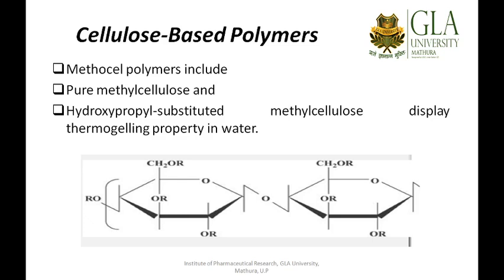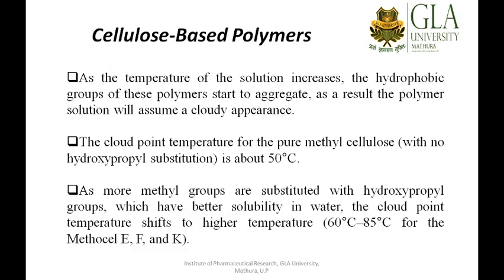This thermogelling can be used for thermosensitive or stimuli sensitive release of the drug. Now let me discuss what this thermogelling property is. As the temperature of the solution increases, when the cellulose is there with the solvent, the hydrophobic groups of these polymers start to aggregate.